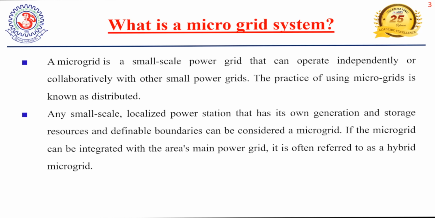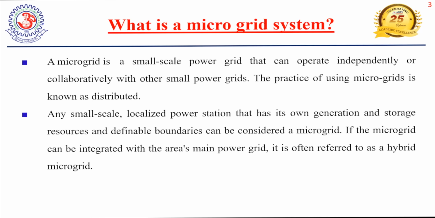But in a microgrid, where loads and consumers are present, at the same place we generate the power and send it to the loads. That means where the power is required, at the same place we generate it and connect it to the loads. So it is a small scale power grid.